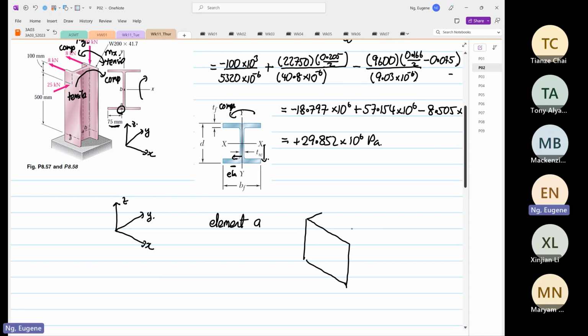We now know that we have a load in tension, which is equal to 29.852 times 10 to the power 6 Pascal.